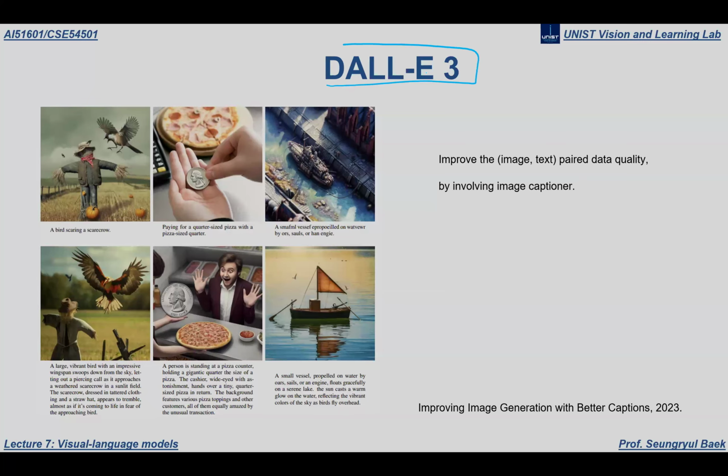Then DALL-E version 3 was trained on this type of complex dataset, and it can generate better images even for complex text descriptions. They improved the performance by involving image captioners, a better text encoder, and training on long sentences. So DALL-E version 3 has better capability for T2I generation.